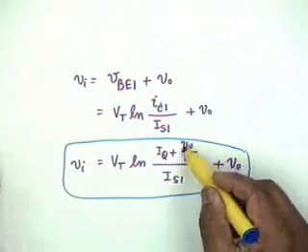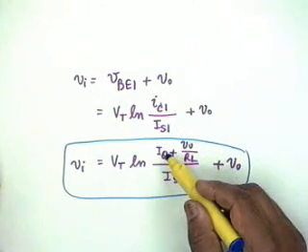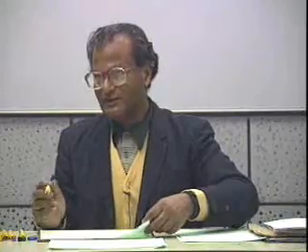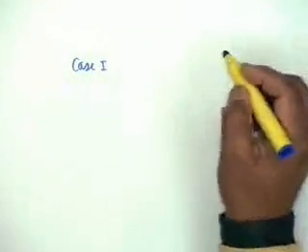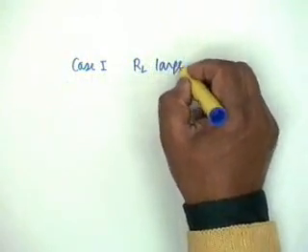However, for very large RL, such that V0 by RL can be ignored compared to IQ, we can find an approximate relationship. So, we consider case 1, in which RL is large.